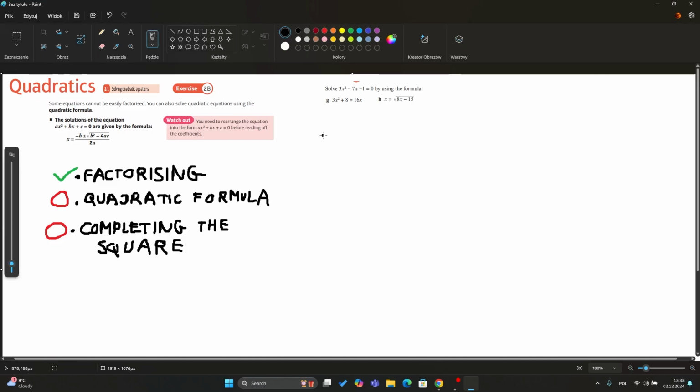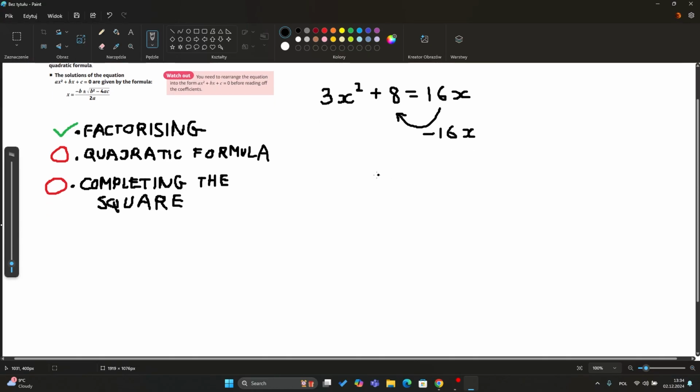Now we go in for 3x squared plus 8 equals 16x. Now we do the same. We get 0 on the right side, so to do that we minus 16x, and that is 3x squared minus 16x plus 8.